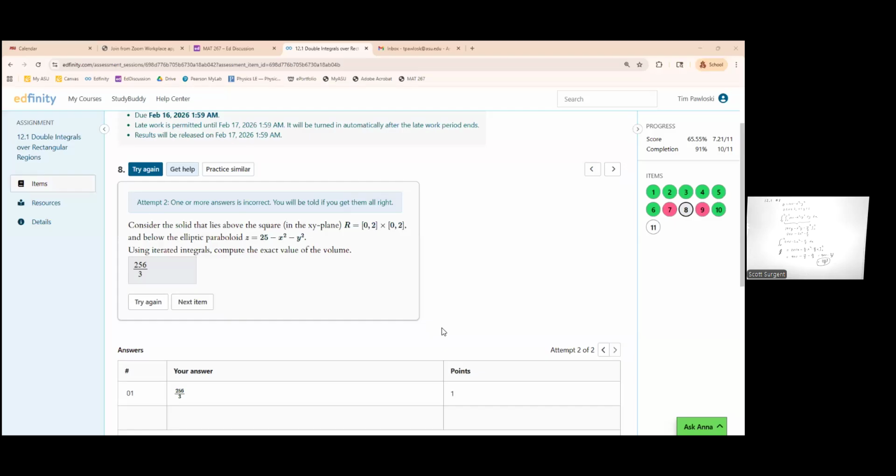So it says, which one do you see? 25 minus x squared minus y squared. Yeah. Okay. Well, the only changes here, that'd be a 25, that'd be a 25, that'd be a 50 now. So 50, 50x, 100, yeah.